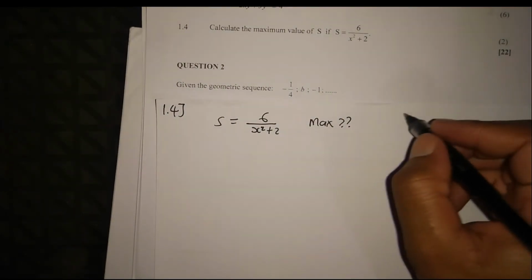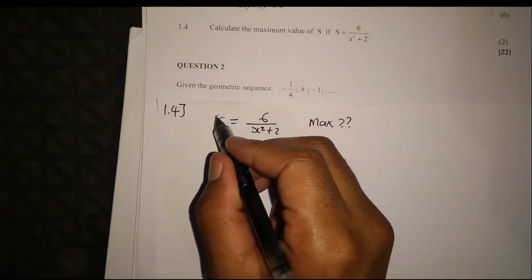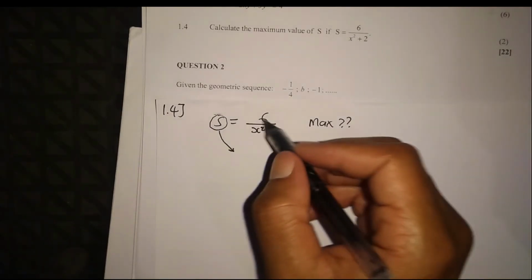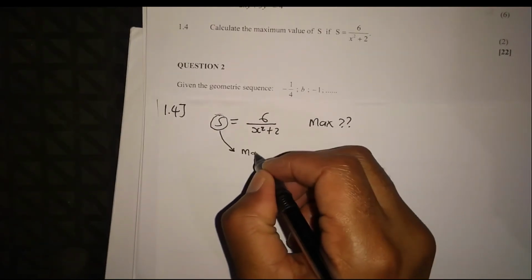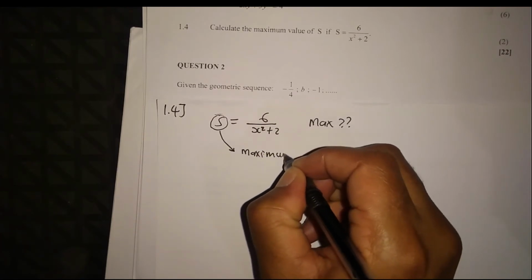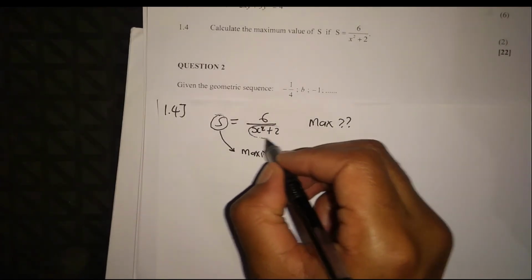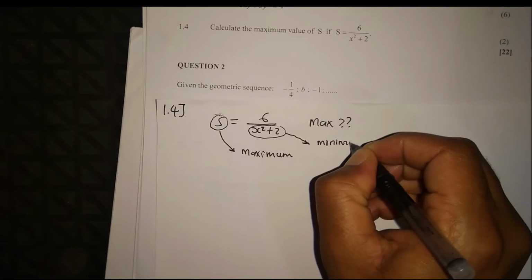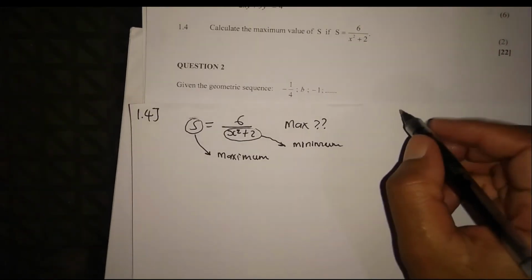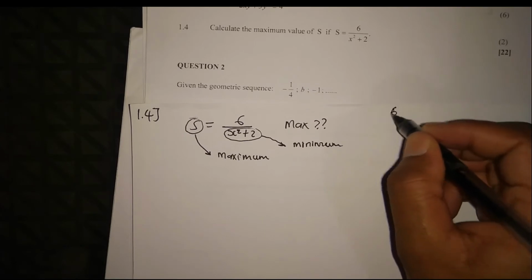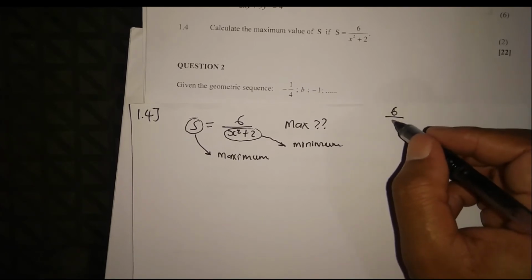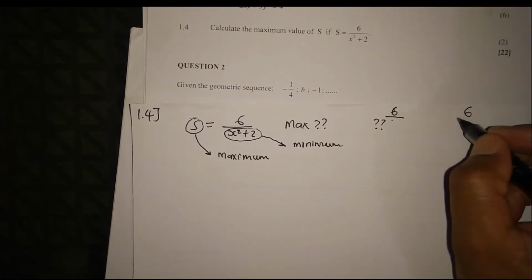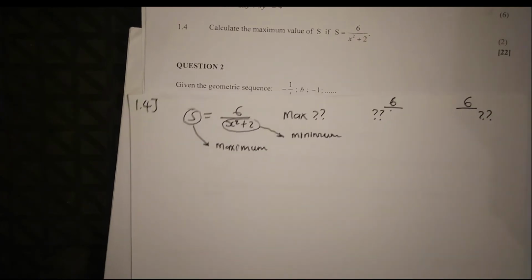So look now, this s, or this fraction, is at a maximum only and only if this is kept at a minimum. Let's say it's 6 over something.